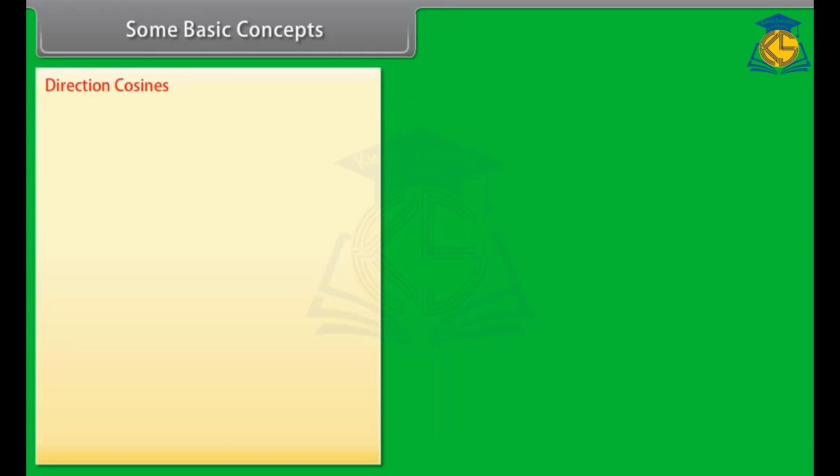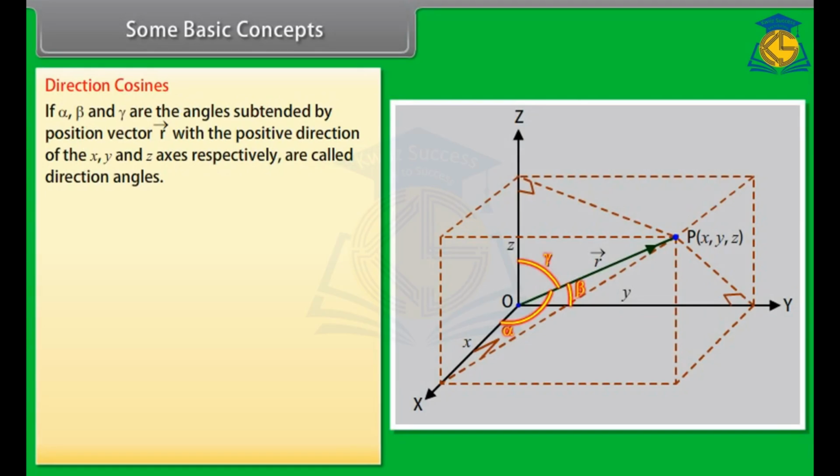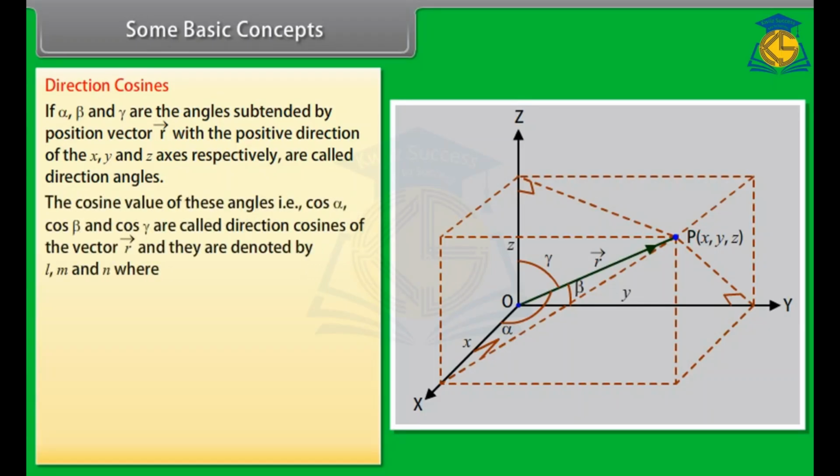Direction cosines. If alpha, beta and gamma are the angles subtended by position vector r with the positive directions of x, y and z axes respectively, they are called direction angles. The cosine values of these angles, that is cos alpha, cos beta and cos gamma, are called direction cosines of vector r and they are denoted by L, M and N, where L equals cos alpha, M equals cos beta, N equals cos gamma.